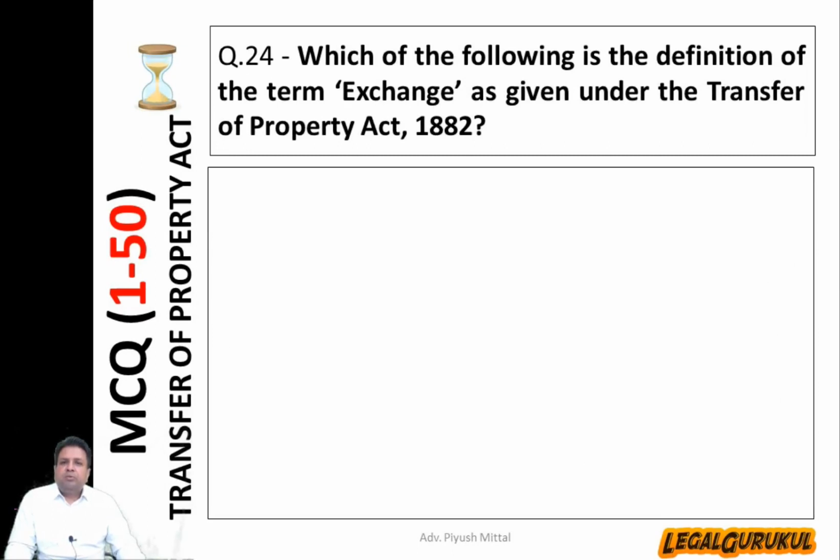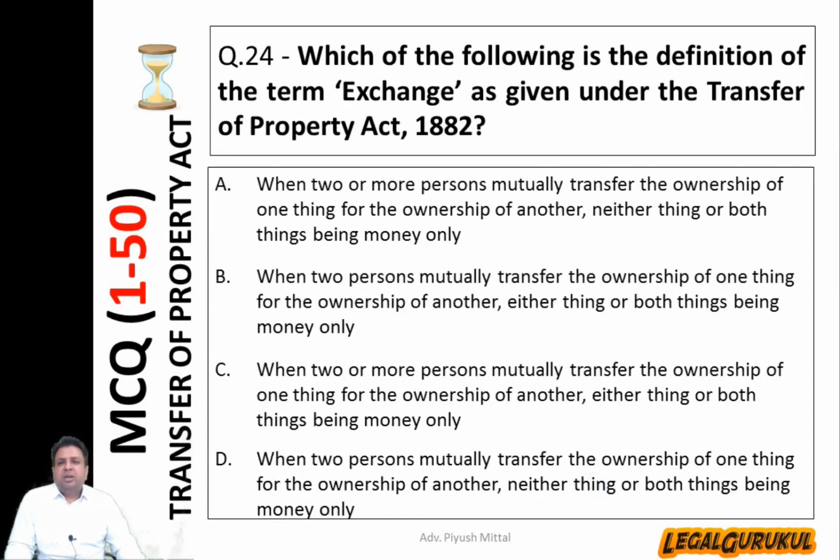Question number 24. Which of the following is the definition of the term exchange as given under the Transfer of Property Act? Option A. When two or more persons mutually transfer the ownership of one thing for the ownership of another, neither thing or both things being money only. B. When two persons mutually transfer the ownership of one thing for the ownership of another, either thing or both things being money only.